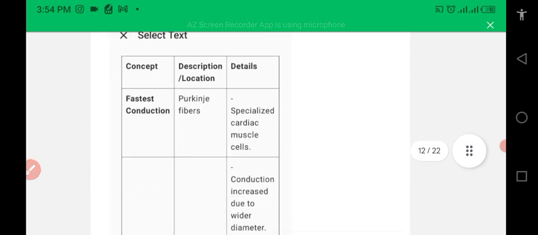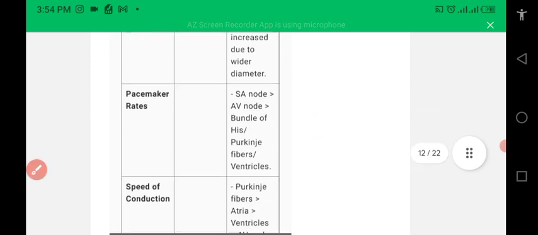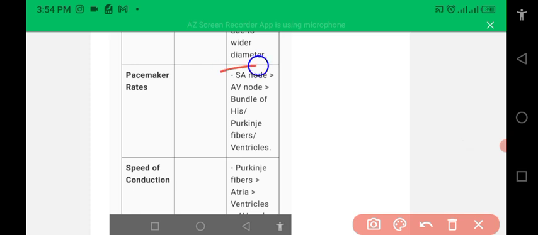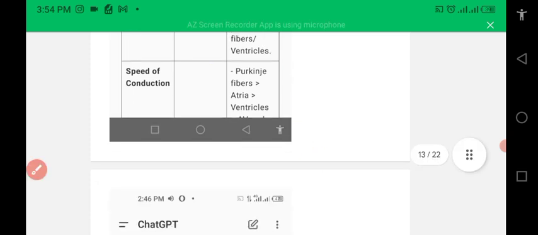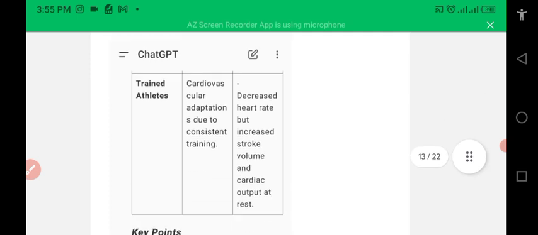And the fastest fibers, as I already mentioned, are Purkinje fibers, with larger diameter. Pacemaker activity is more in the SA node, but speed is more in Purkinje fibers. So the SA node is for pacemaking, and speed is highest in Purkinje fibers and slowest in the AV node.